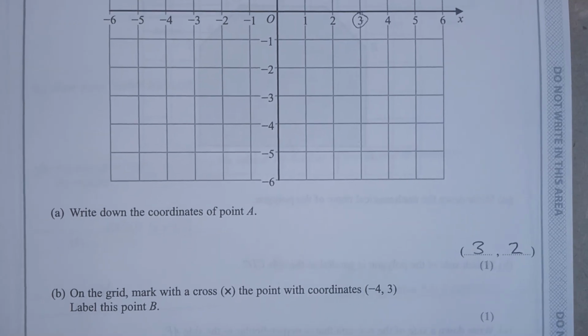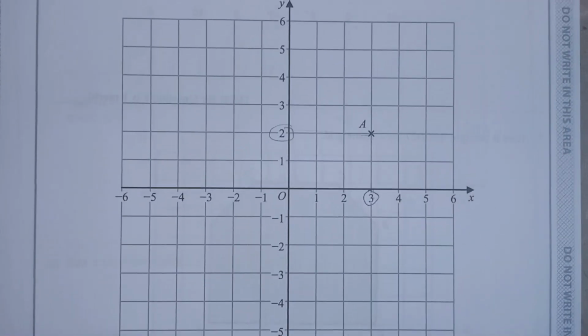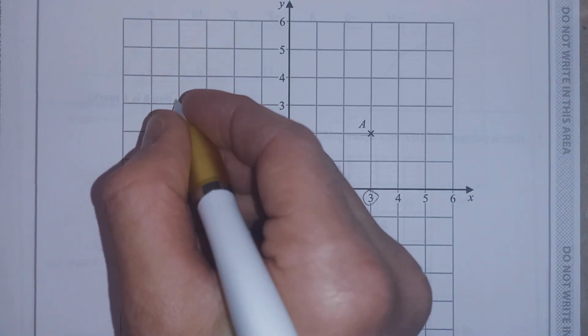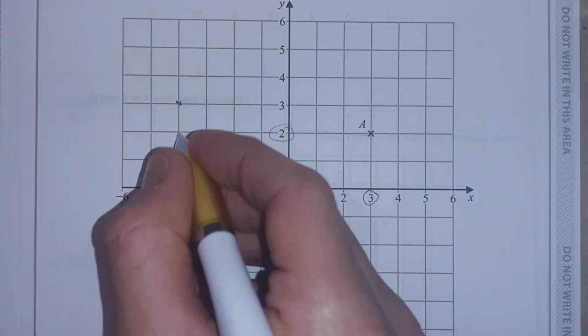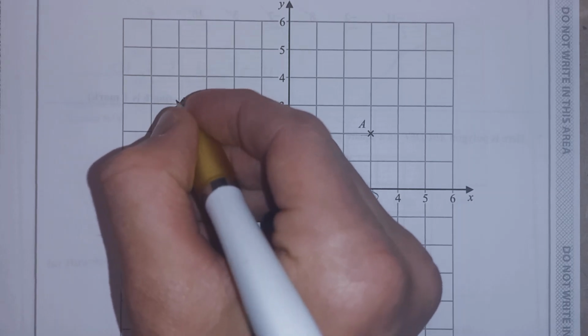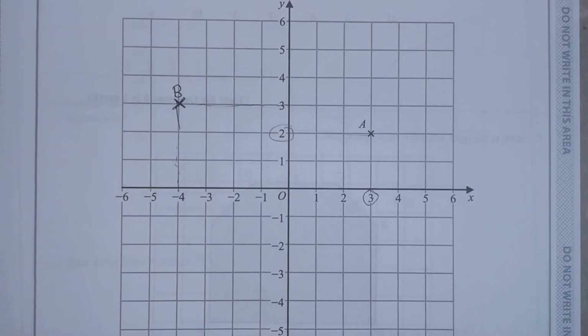Part B. On the grid, mark with a cross the point with coordinates -4, 3. Label this point B. Okay, so -4 over here, and then 3. So here's the -4, and here's 3. So mark that with a cross and a B.